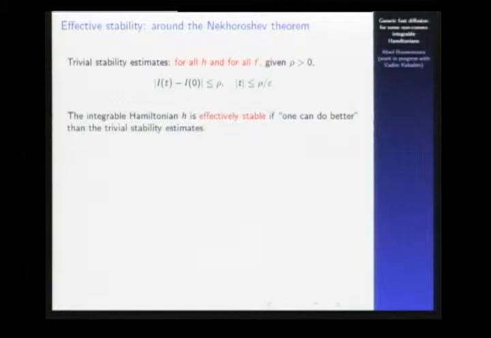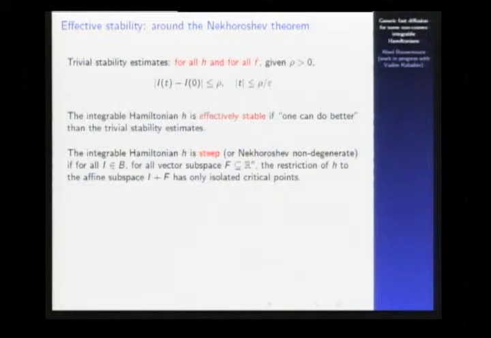Now I will put another definition. There will be various definitions about the integrable Hamiltonian. I already defined what is called Kolmogorov non-degenerate and Arnold non-degenerate. Now I have effectively stable, and now let me define what is a steep Hamiltonian, or Nekhoroshev non-degenerate, because this was introduced by Nekhoroshev, not in this form, but this is an equivalent form.